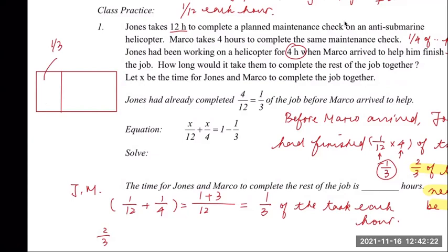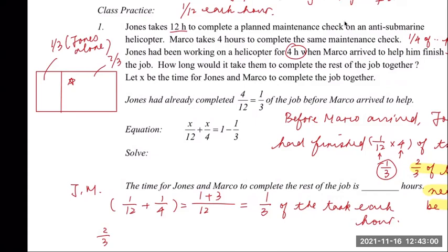So before Marco arrived, Jones had already completed this part. That means when Marco arrived, only this part of the task needs to be done, and this is 2/3 of the task. So we have 2/3 of the task that needs to be finished, right?